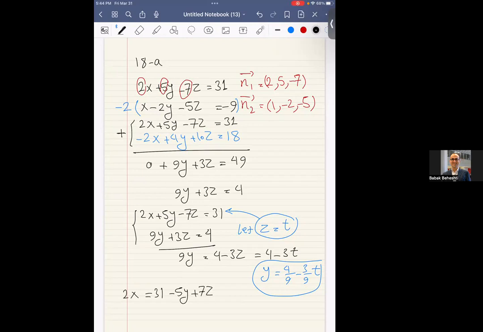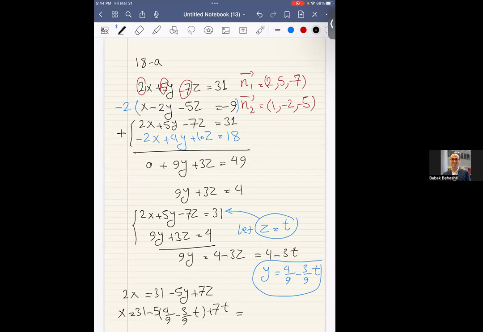So with z equal to t and y equal to 49 over 9 minus 3 over 9 t, x equals 31 minus 5 times (49 over 9 minus 3 over 9 t) plus 7 times t.